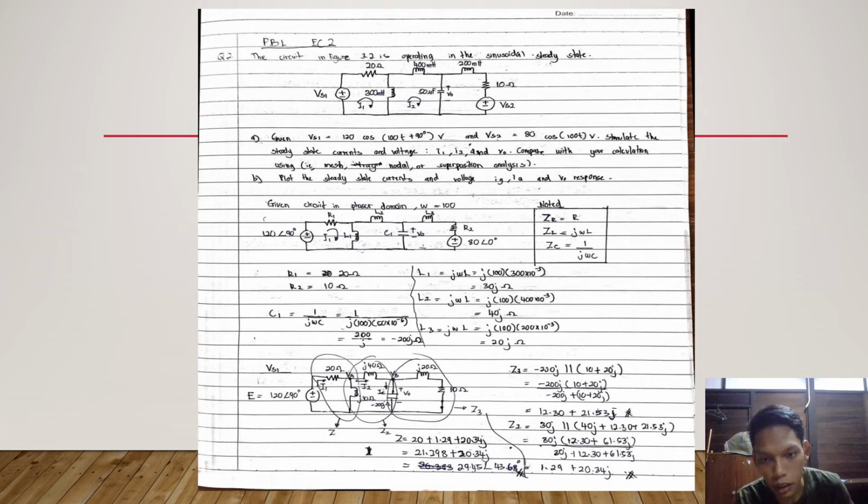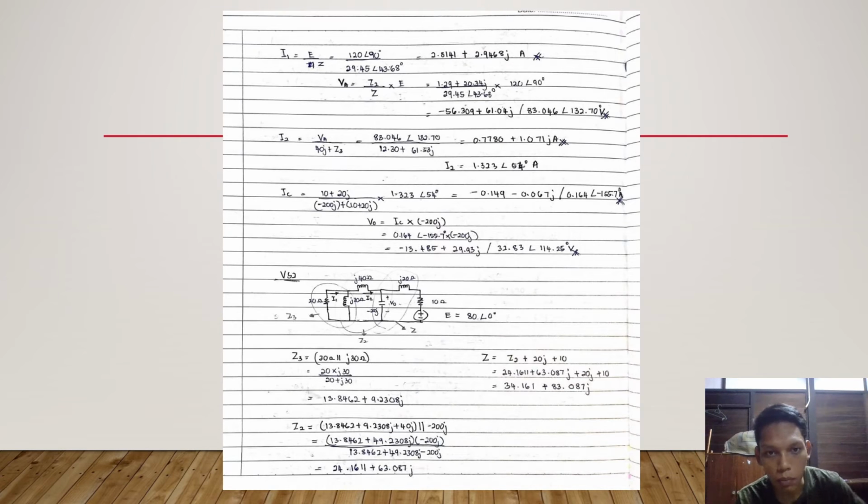29.45 degree, 43.68 degree. From the VS1 source, I1 we get negative 56.309 plus 61.04 imaginary. I2 we get 1.323 degree 54.